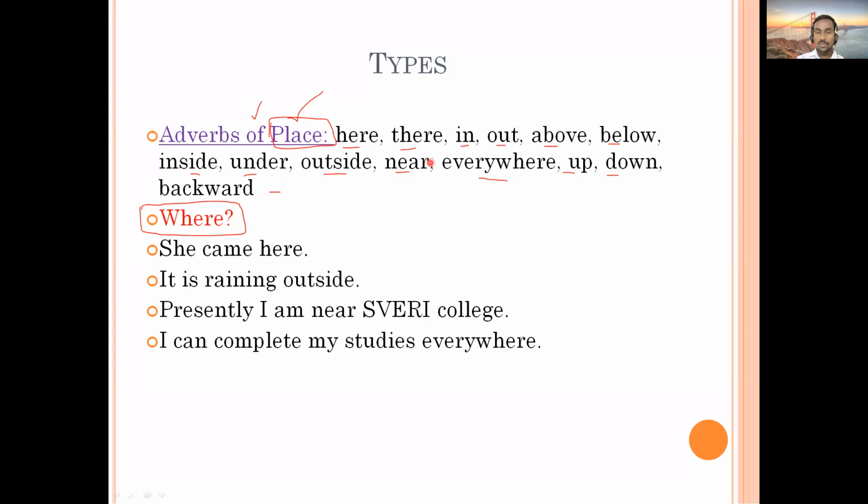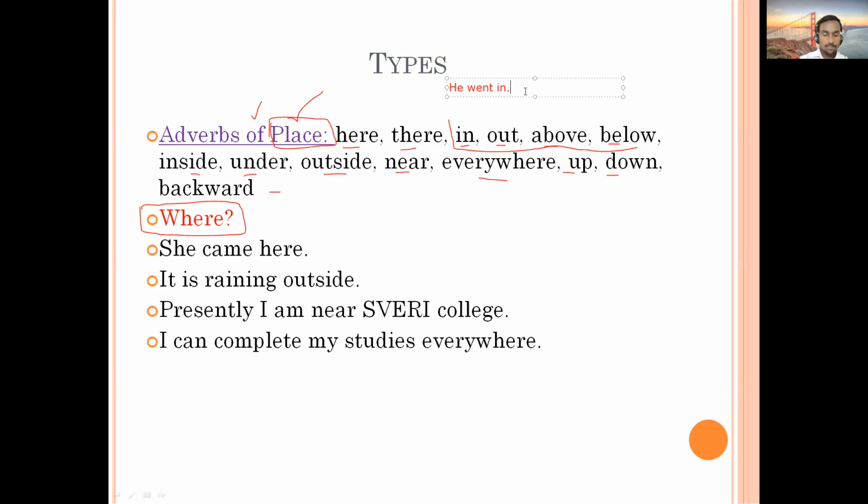So these are some of the words, but also remember that words like in, out, above, below can also be prepositions. Let's see one example. If I give you the sentence, he went in, the word in is an adverb of place.